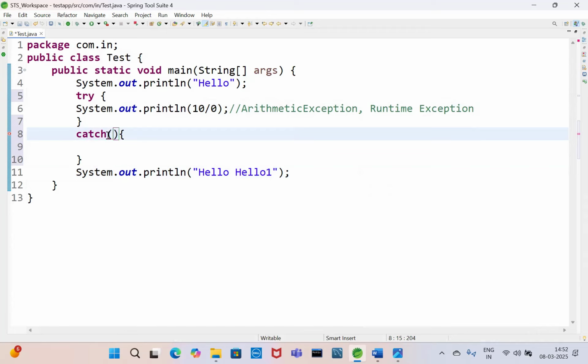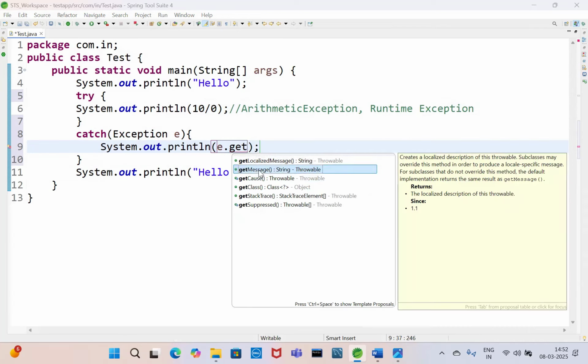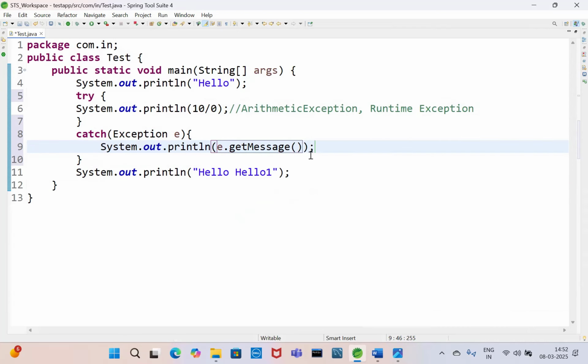In the catch block, we need to handle that exception. Exception e. Suppose System.out.println some message like error, some error is raised. Otherwise, you can print e.getMessage(). So getMessage.